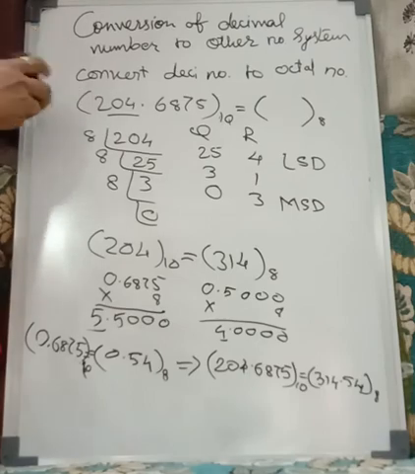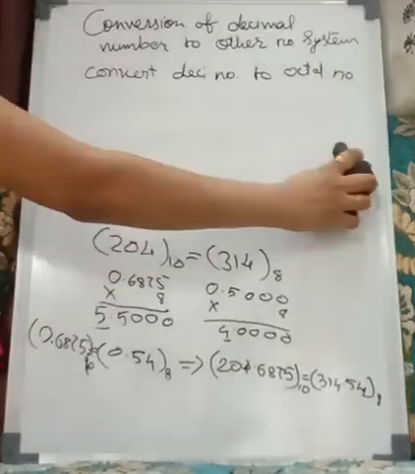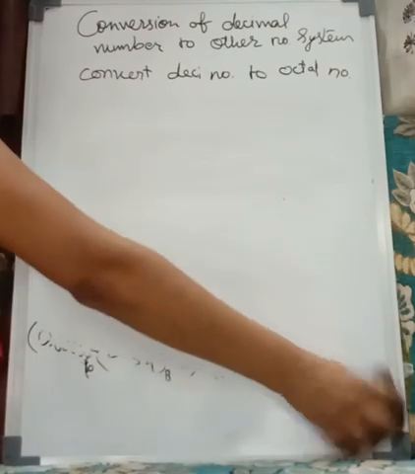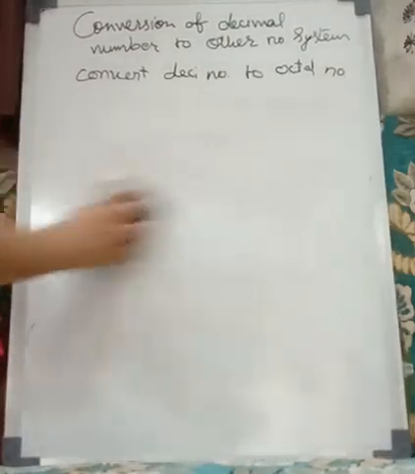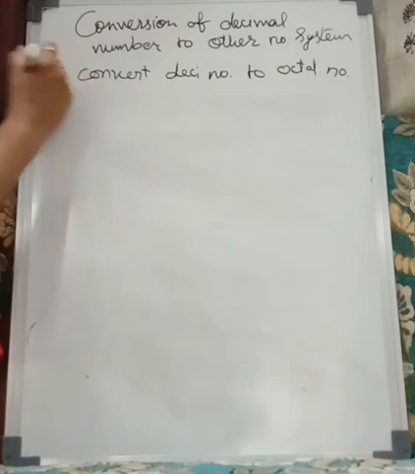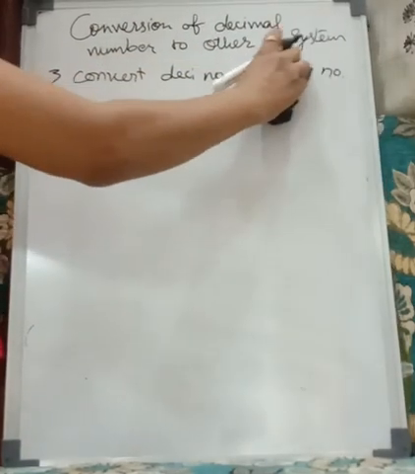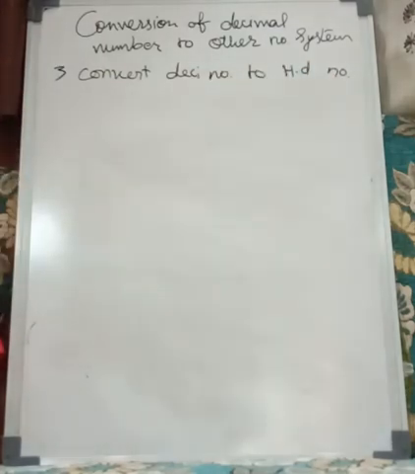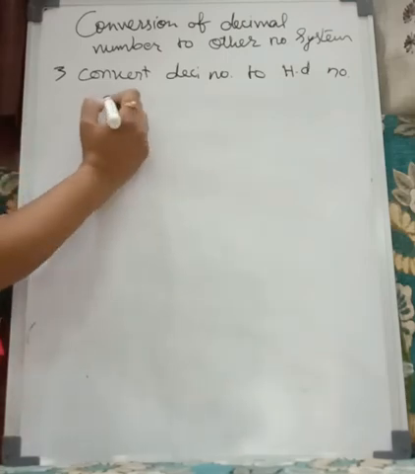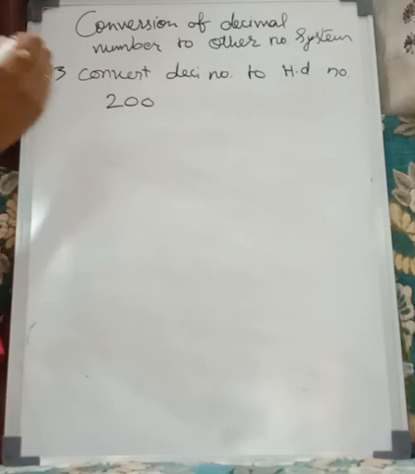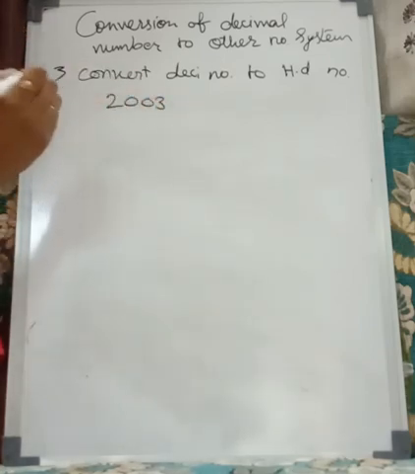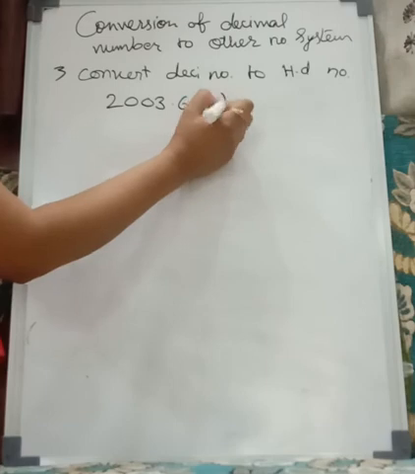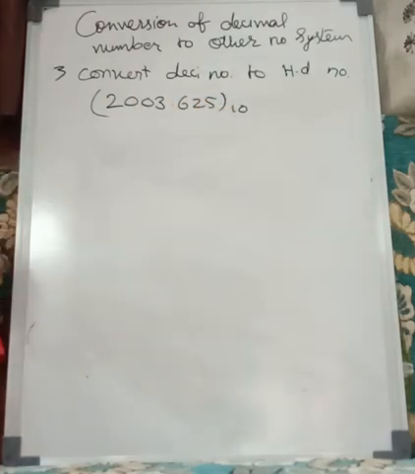Okay, so this is about the octal number system, and very similar to this, we'll convert the decimal number into the hexadecimal number system. So let us see, this is the third type, that is decimal number to hexadecimal number. For this we'll take a number, say 2003.625, this is your decimal number, and we are going to convert it into hexadecimal.